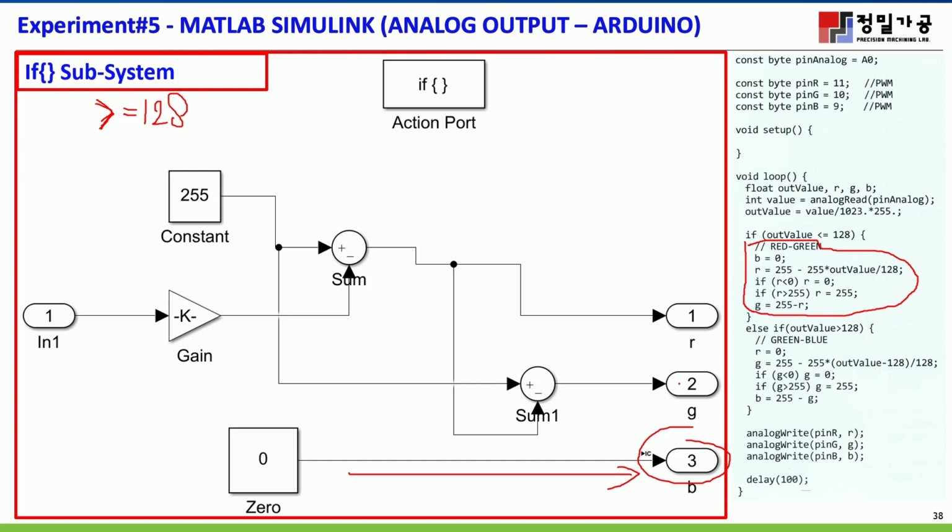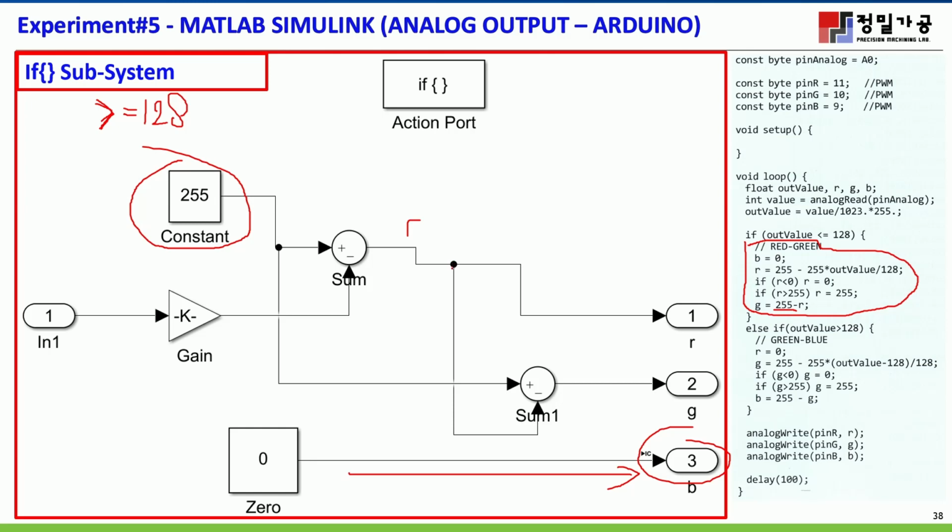And what is the green? Green is based on the value 255 minus red. So we have a constant value here, 255, and we want to see the red. This one is basically already the red signal in here.